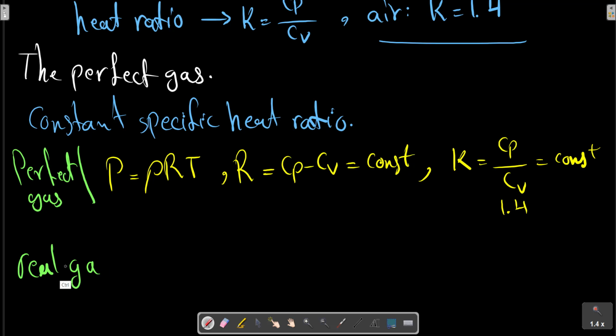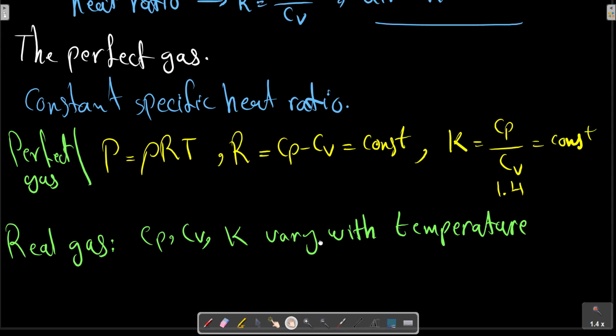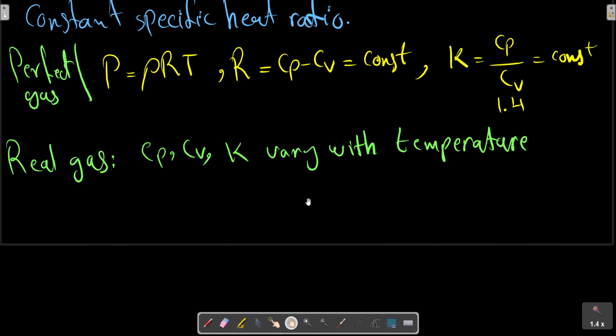Let me write Cp, Cv and K. K varies with temperature, but only moderately.